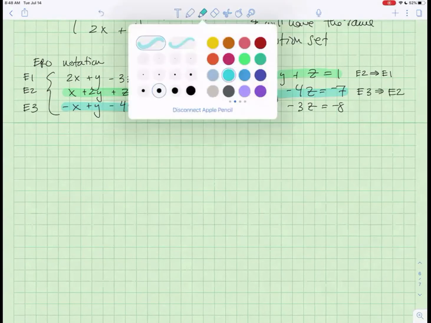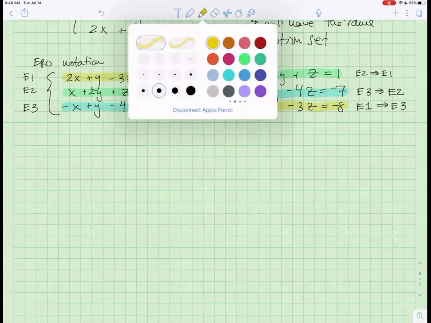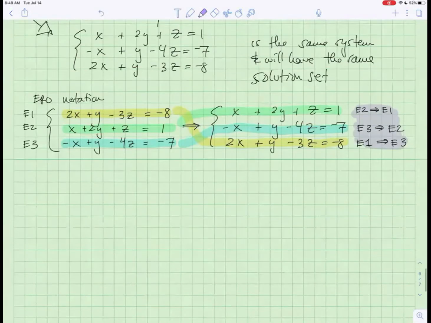And then, of course, I've taken equation 1 and made it my new equation 3. So that's how we annotate that, with this notation on the end here. These are the EROs that we've performed.